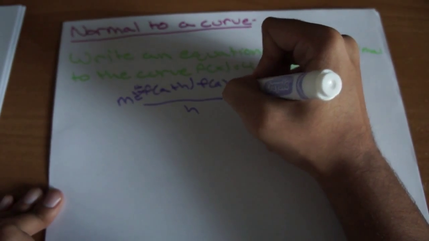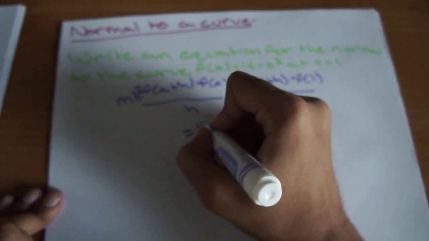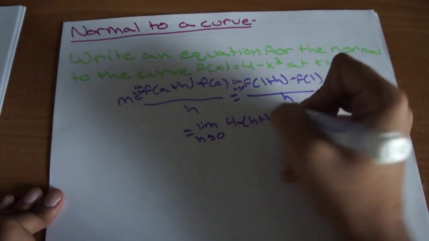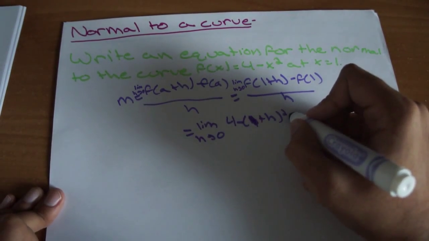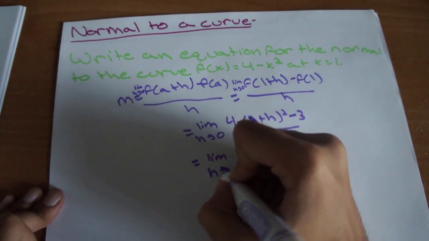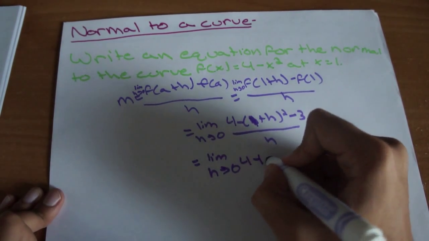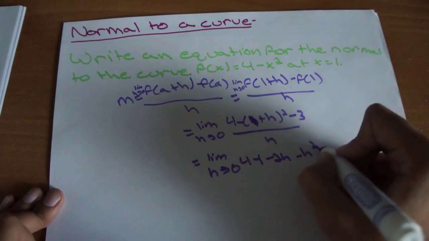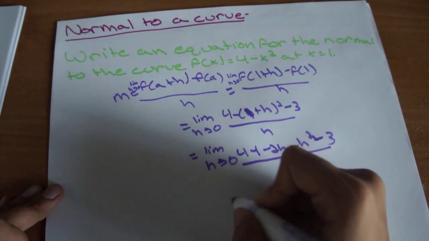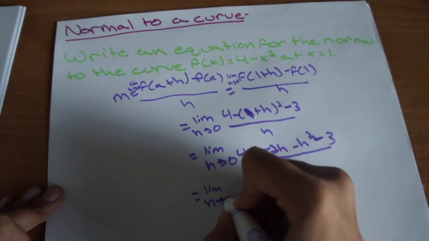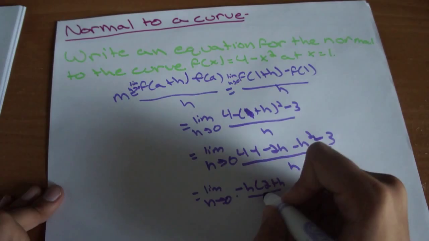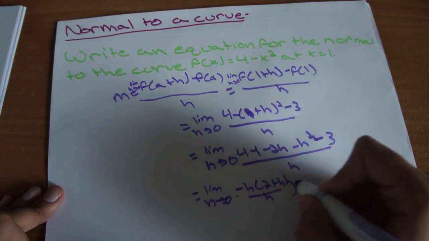So then we continue: limit as h approaches 0 of 4 minus (1 plus h) squared minus 3 all over h is equal to limit as h approaches 0 of 4 minus 1 minus 2h minus h squared minus 3 all over h, which equals limit as h approaches 0 of negative h times (2 plus h) all over h.